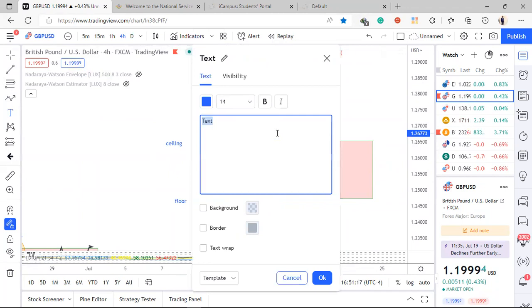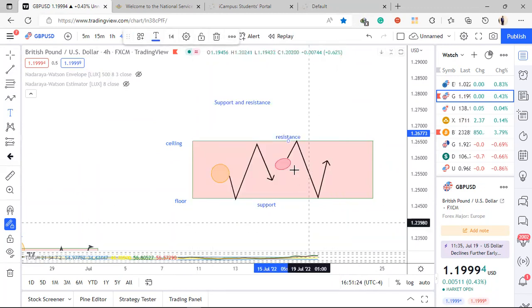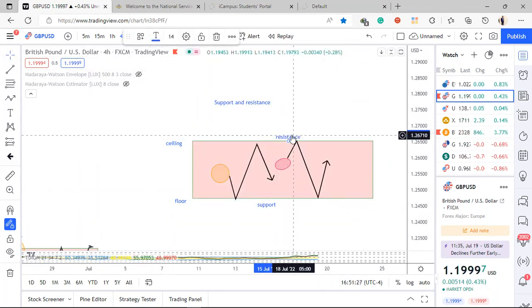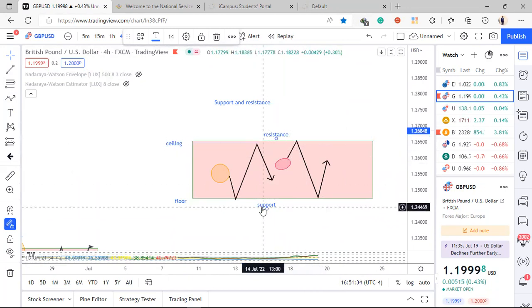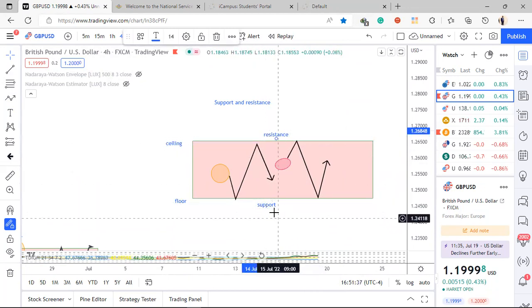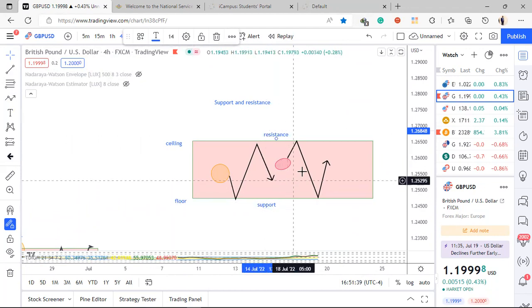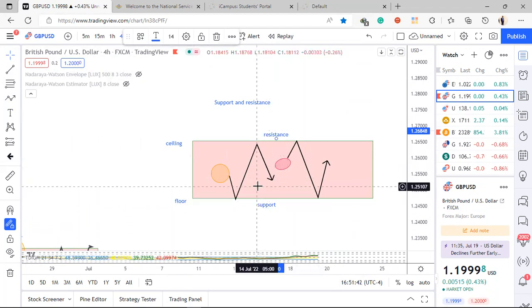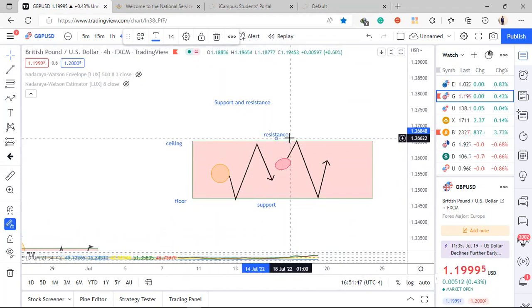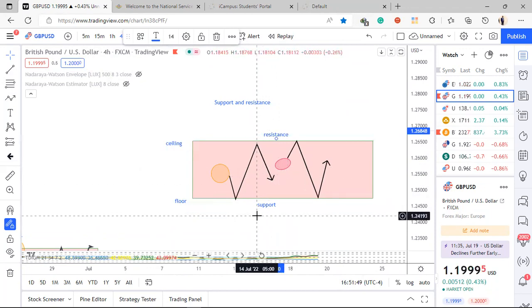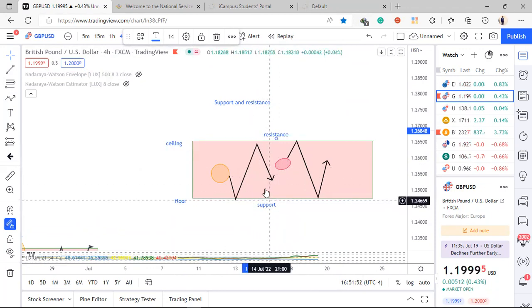This side is resisting price from going up. This side is resisting the ball from going up. This side is resisting the ball from going down by supporting the price to go up. So the price ceiling is called resistance and the price floor is called support.